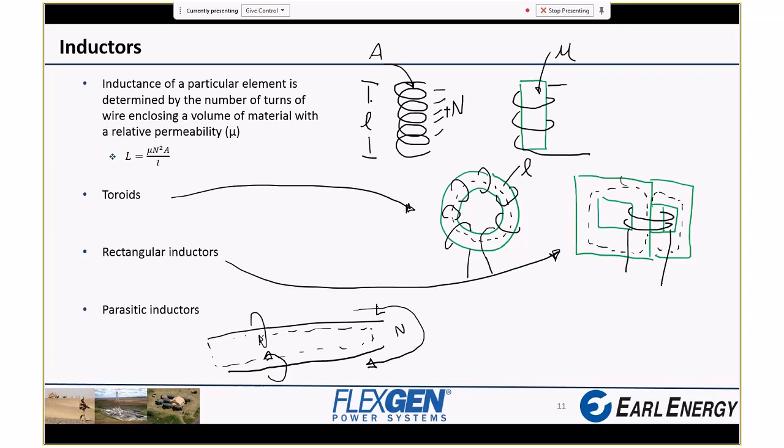The length is very short because it's just, into the page here, the thickness of the wire. The permeability is probably mu naught, just the permeability of free space. And n is 1.